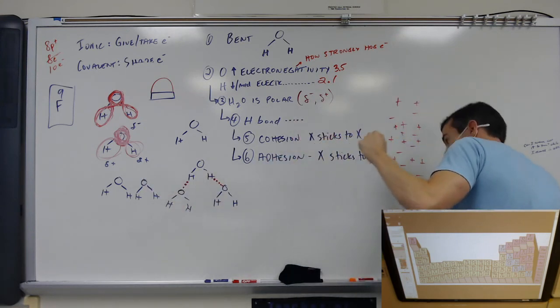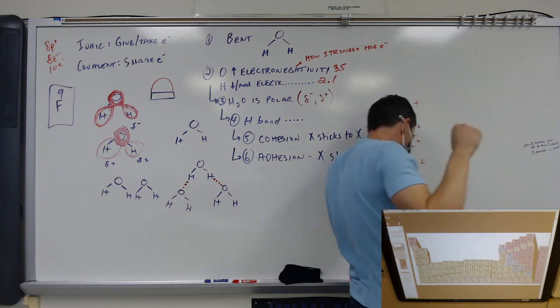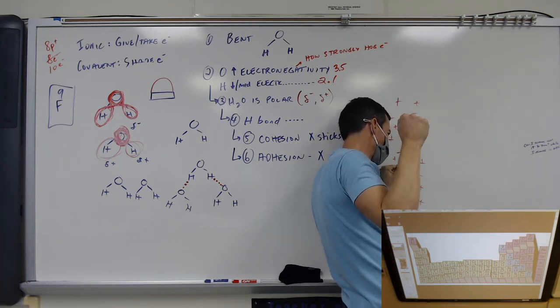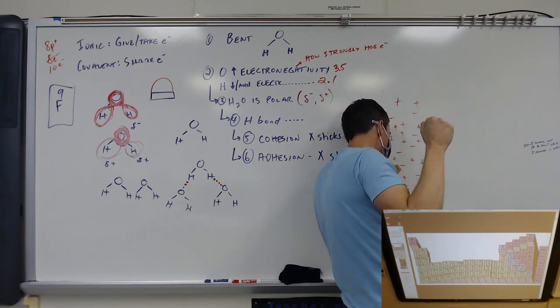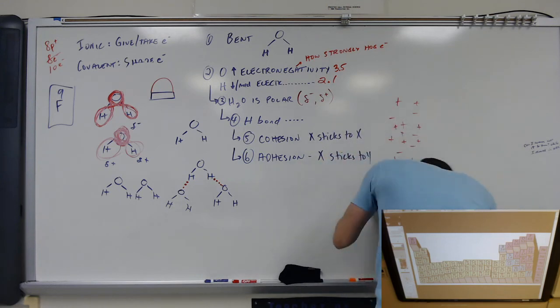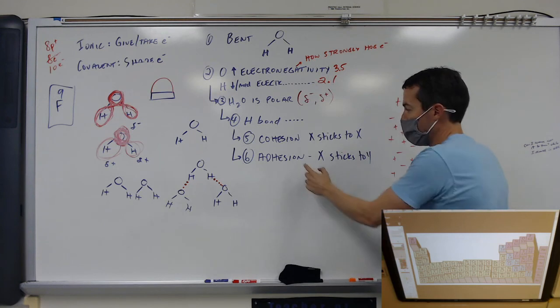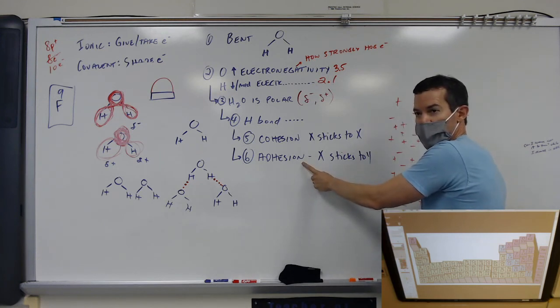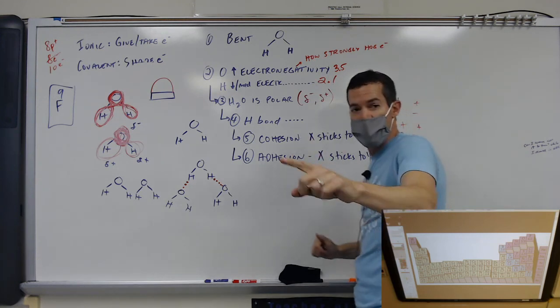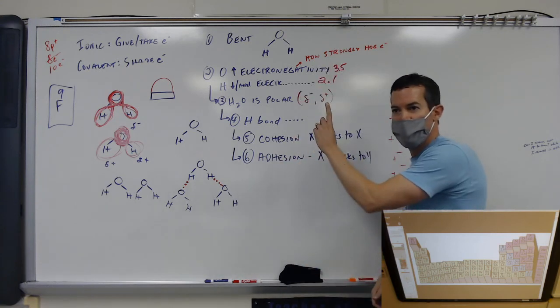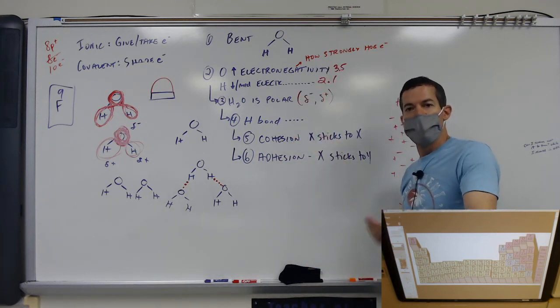It's attracted to this negative, so pow, and that pulls my head off. And then this one's attracted to this negative, pow. And before you know it, I'm all the way up the piece of paper, because I'm adhering to the paper. But I'm also cohesive with you guys, so don't I drag all of you guys up with me? That's how a paper towel works.